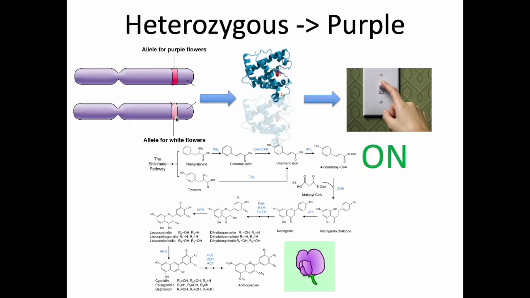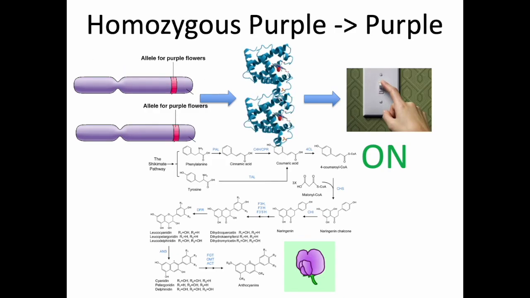The white flower allele encodes a non-functional protein that doesn't do anything. This protein that doesn't do anything, though, doesn't get in the way of a functional copy. It just doesn't do anything on its own. So if you have a working copy of this switch and a dud, the switch is going to get turned on.